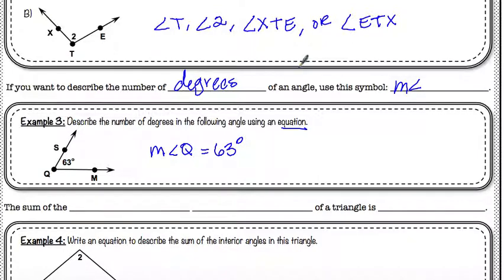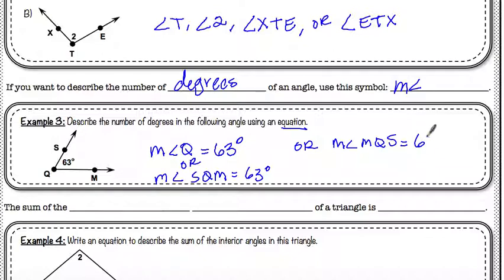Let's write this in a different way. Okay, so how else could I name this angle? You could name it using 3 letters. Angle SQM is equal to 63 degrees. Or yet another way, you could call it the measure of angle MQS is equal to 63 degrees.